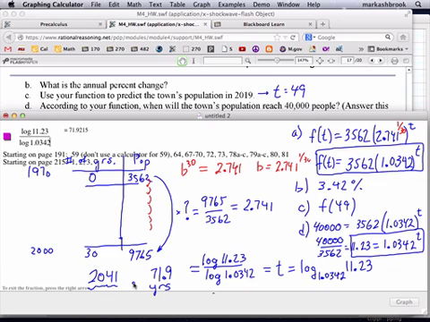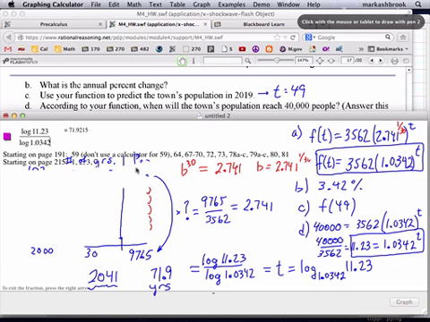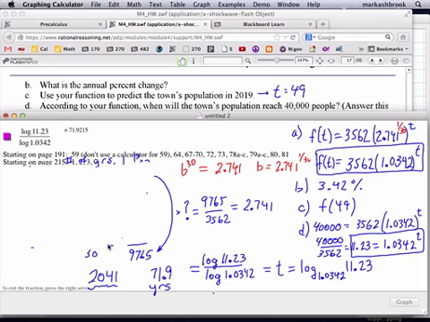Other questions? Okay, then I think it's asking for how long it will take a population to triple. Is that right? Over here. Okay, so we want the population to triple.